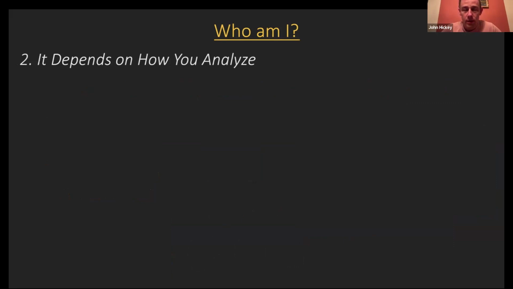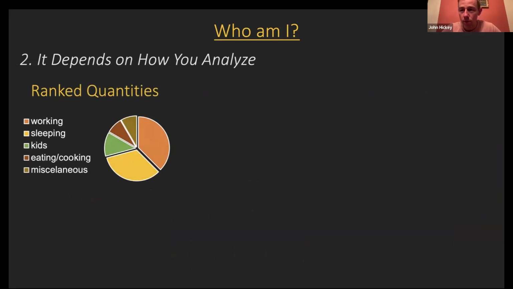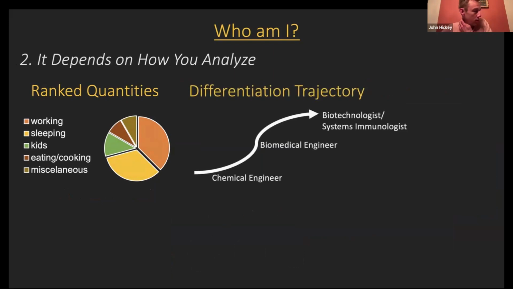The other thing is how you analyze that data. If I quantified all the hours I spent doing different things, you'd probably call me a sleeper because I spend most of my time sleeping. If you looked at something dynamic, like how I'm changing over time, you could see I'm slowly changing away from chemical engineering towards a systems immunologist engineer.